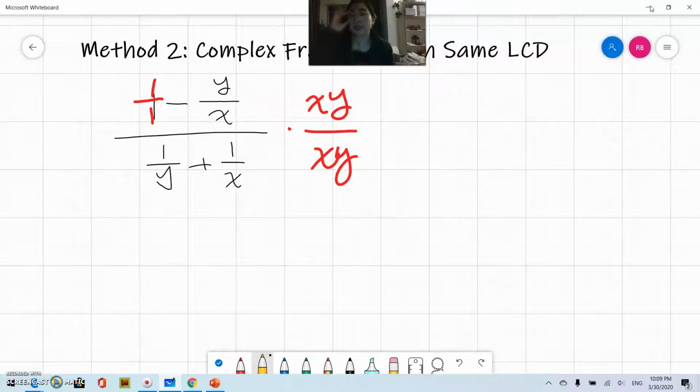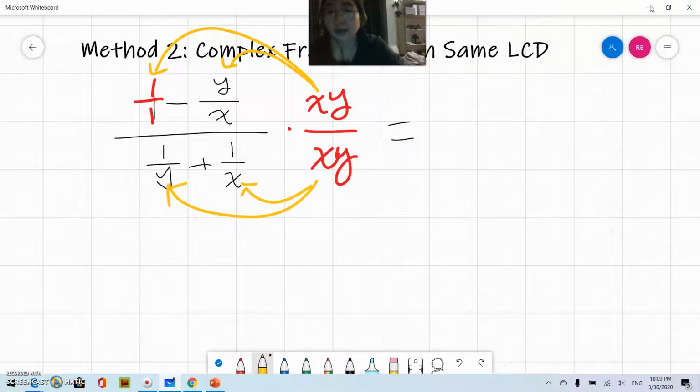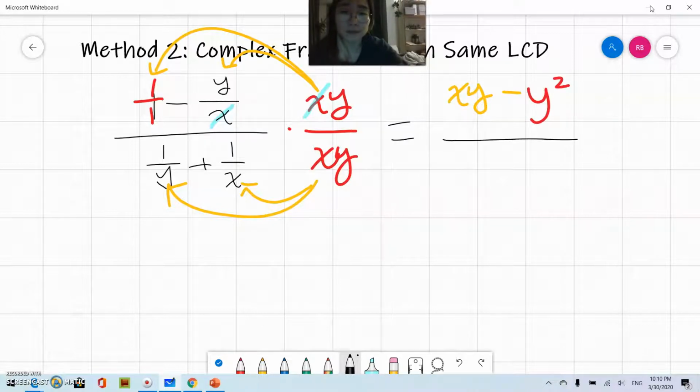So let's see what it looks like. One thing you need to remember is that you have to distribute, right? So this xy gets multiplied to 1, and to this fraction, and to that fraction. The first one would be just xy, because xy times 1 is xy. And for the second one, x cancels with this x, and it just becomes y squared. Okay.